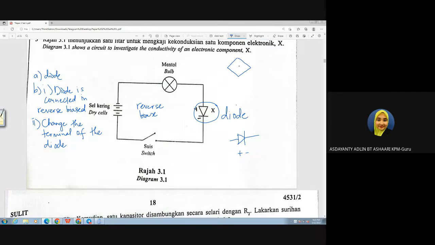ini box A, triangle, the symbol of diode lah. Okay, so A equals to bahagian D. Kat sini dia punya D. Okay, dia punya direction tu sama macam D because dia parallel.